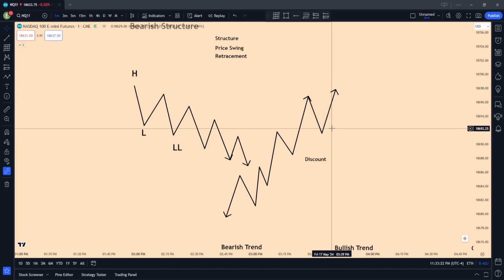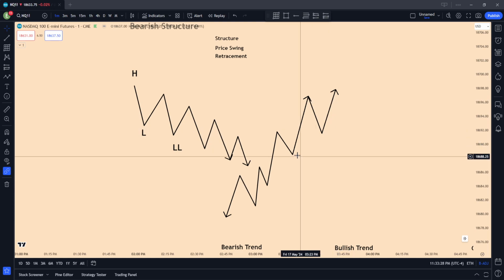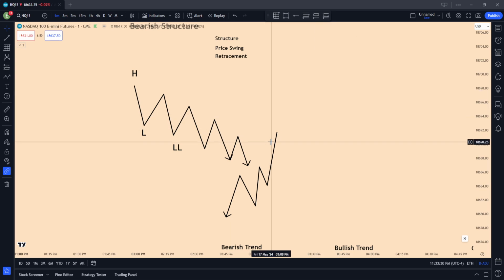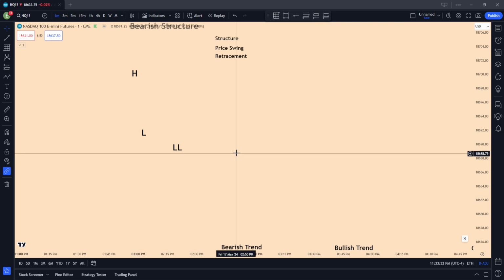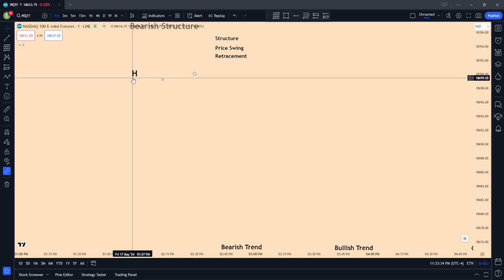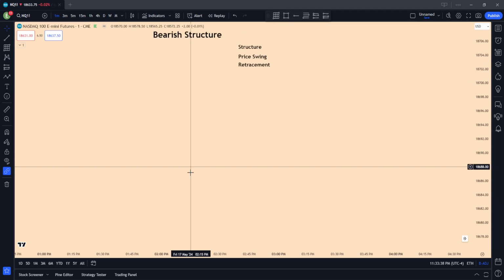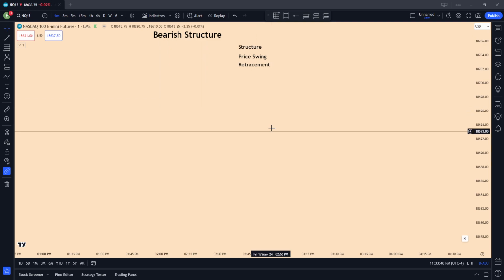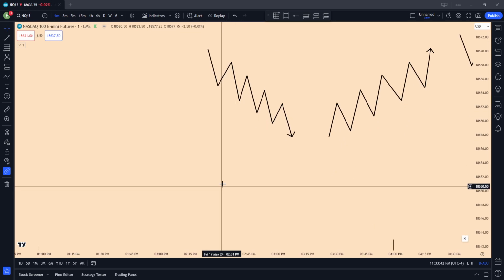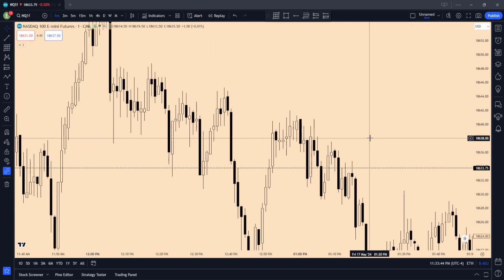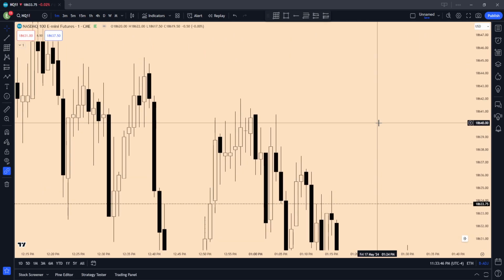So, what dictates a swing high and a swing low? I should have said this first, but it's okay. So, what dictates a swing high and a swing low? According to candles. I showed you a linear chart. Now I'm going to show you on the candle chart. What is a high? What is a low?